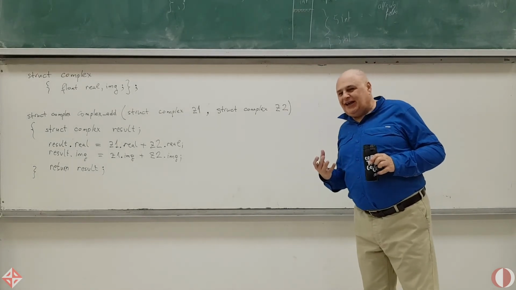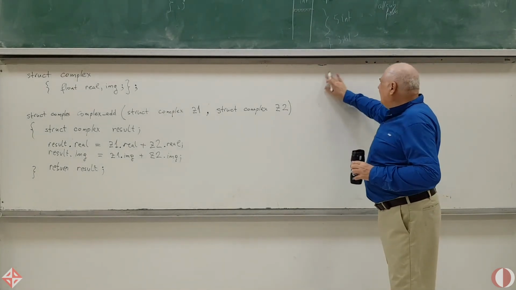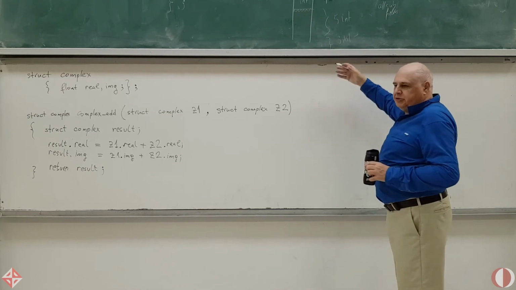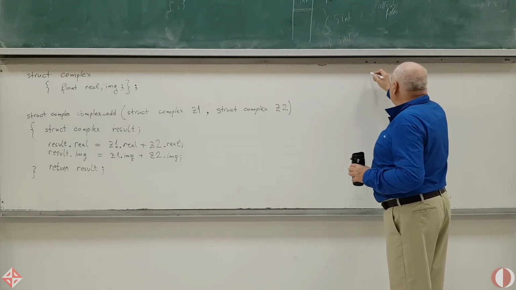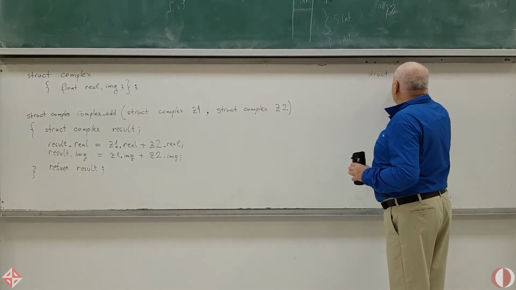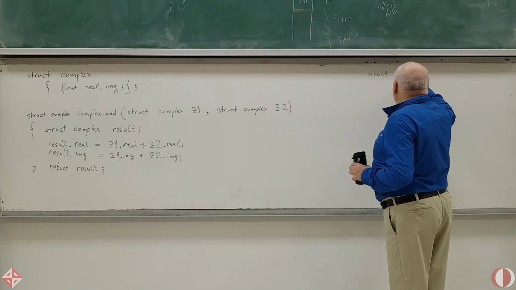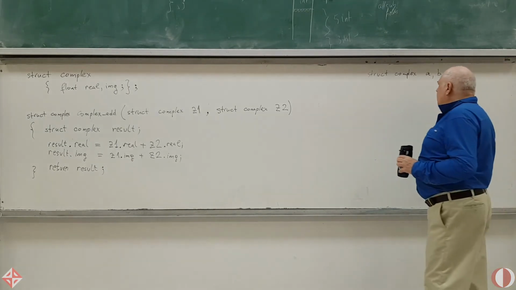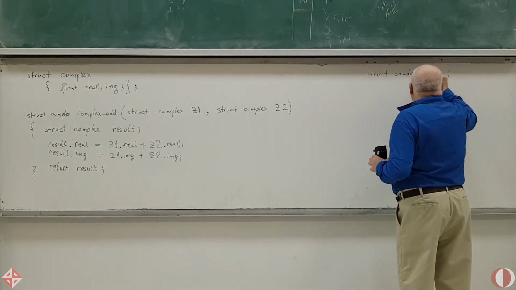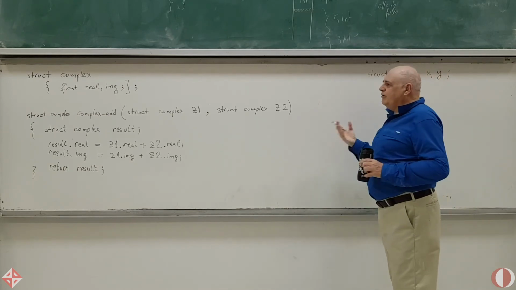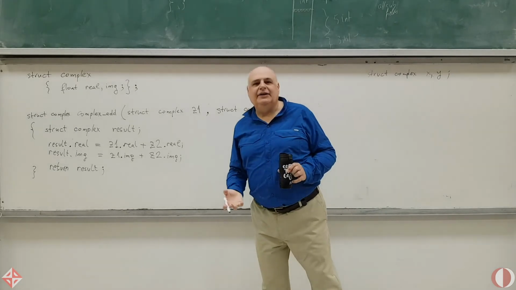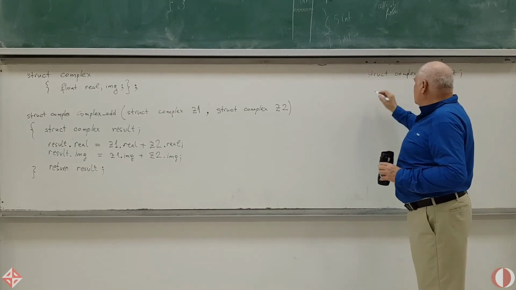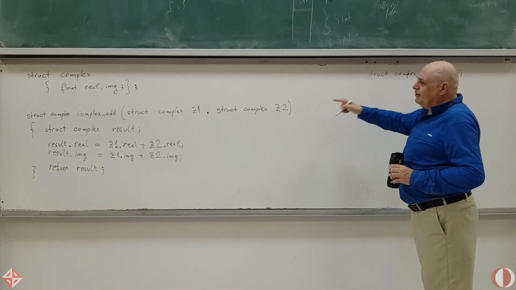Now, a very natural expectation is that if, let's say, in the global variable section or in a local one, I have two variables, structure complex A and B, or let's call them X and Y. Now I want to add these to get a result in Z. I have to call this function, no other way.